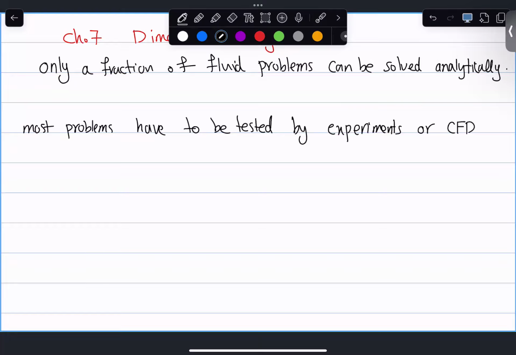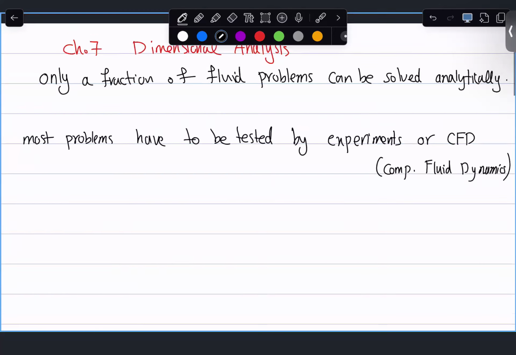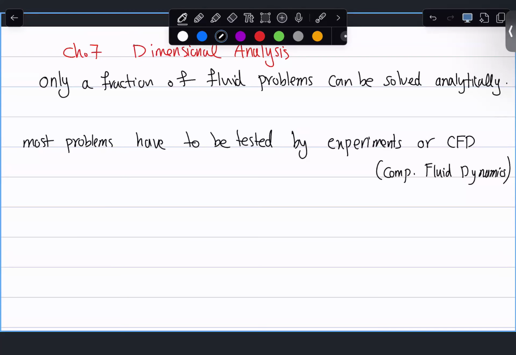CFD, I think here it's a graduate course. It's computational fluid dynamics. Basically it gives you a very powerful set of techniques to solve any fluid problems using a computer.